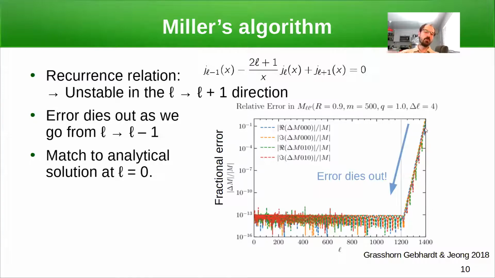If you go from very large L and you go backwards, the error will die out. So it doesn't matter what you start with. The error will always die out, and you can very accurately calculate this Fourier kernel, which we call M in this case.